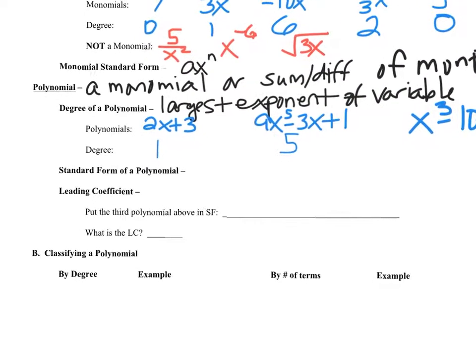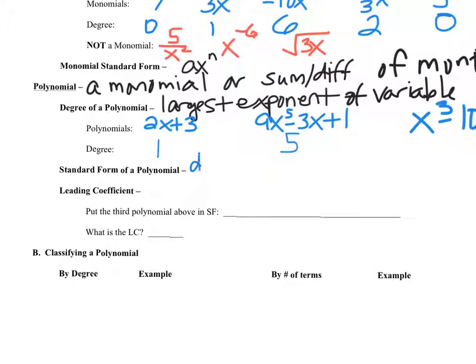The standard form for polynomials is when you write them in descending order. Do you know what descending means? Starting from the highest and going down. Descending exponents. You want to write the monomial with the largest exponent first, and then go down from there. The leading coefficient, once you get the polynomial in standard form, is that number out front.